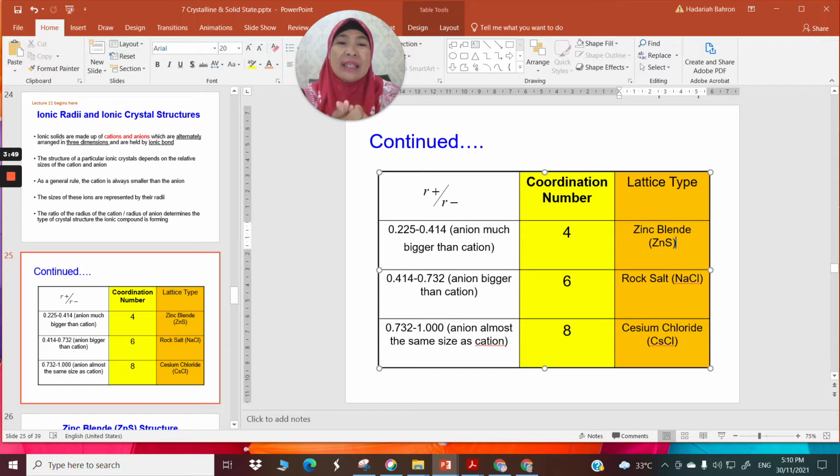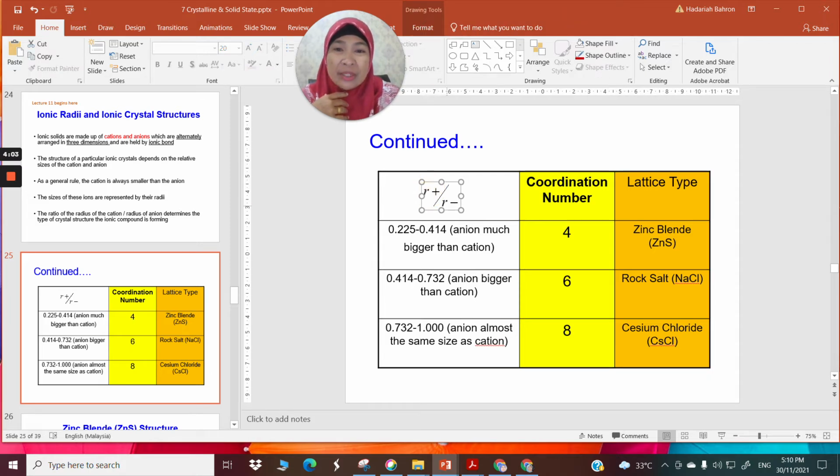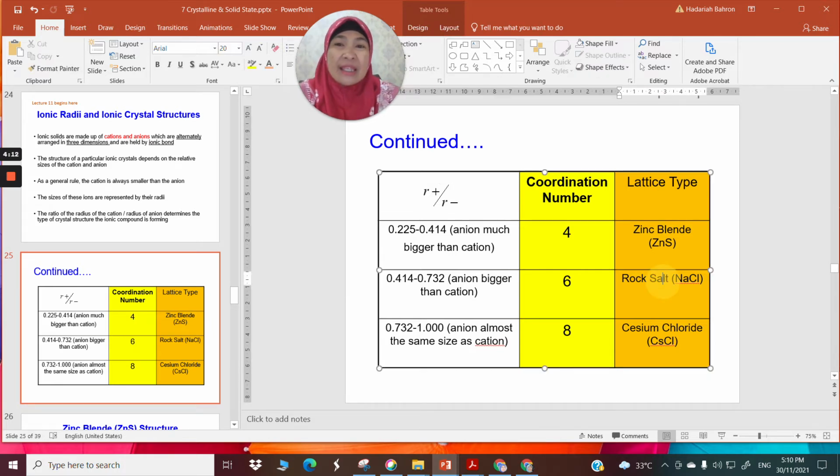But if the cation is a little bit bigger, but the anion is still bigger than the cation, though not that much bigger, and the ratio between the radius of the cation and the radius of the anion falls between 0.414 and 0.732, you are going to get a lattice called rock salt, or sodium chloride.